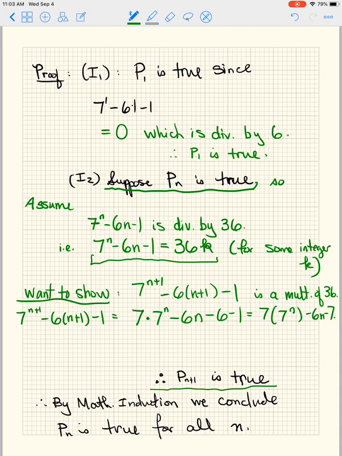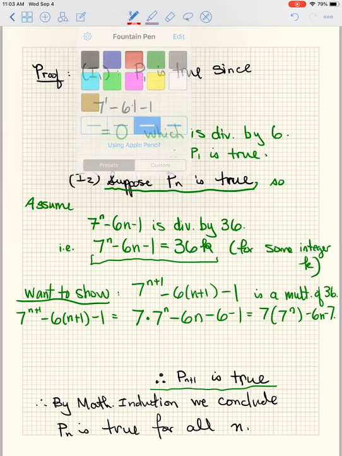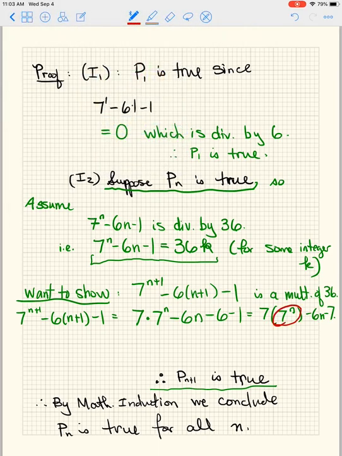And if I look at that, I say, oh, well, maybe I can substitute in this expression. Let me do it with a different color. I see that 7 to the n is appearing in both of these expressions. Okay?